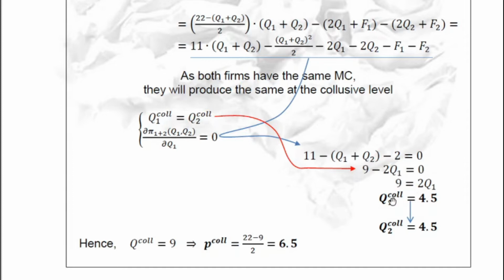Then at the end firm 1 should produce 4.5, and the other firm will also decide together to produce 4.5. Between them they produce 9 units, and then the price in the market comes from the inverse demand. 22 minus 9 is 13, divided by 2, 6.5.